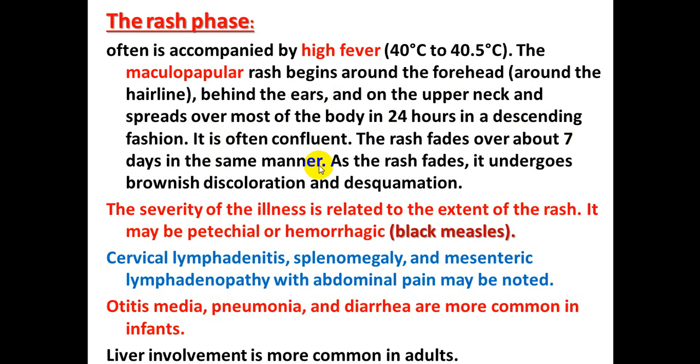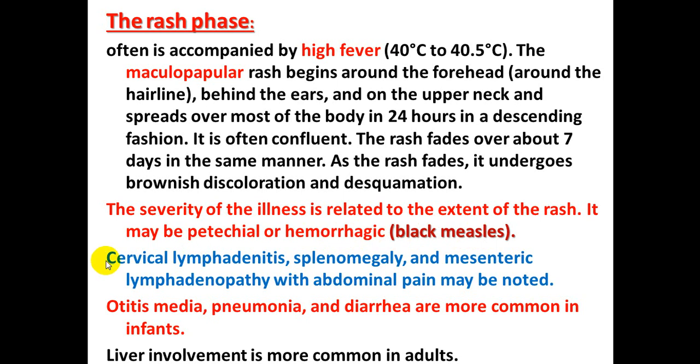i.e. from up to down, and as the rash fades, it undergoes brownish discoloration and desquamation. The severity of the illness is correlated with the extent of the rash, and it may be petechial rash or hemorrhagic rash in severe cases, which is called black measles.